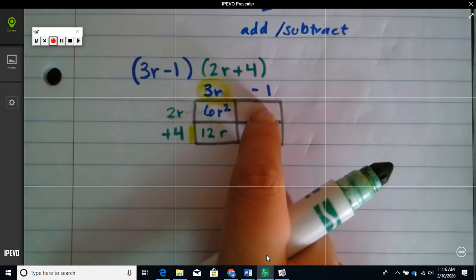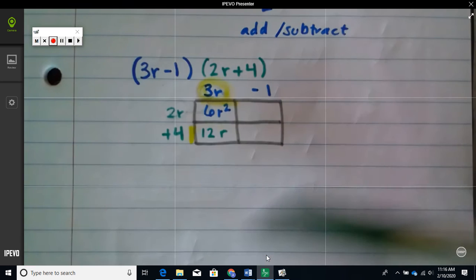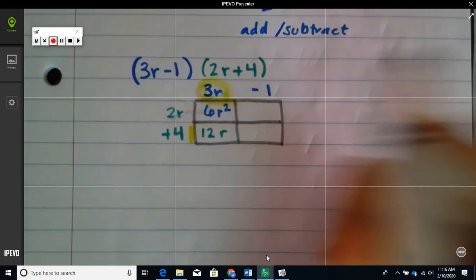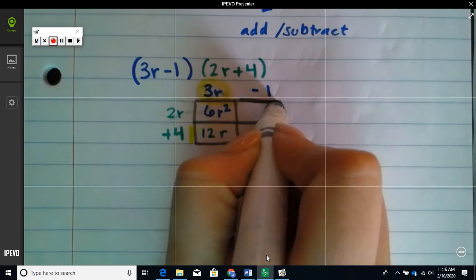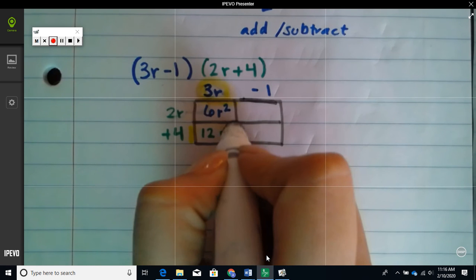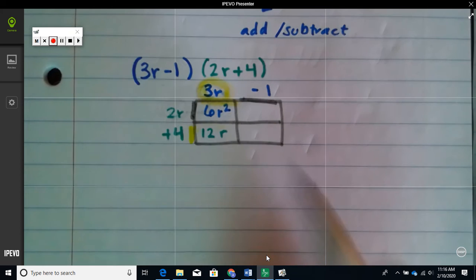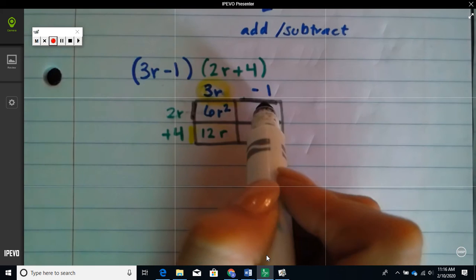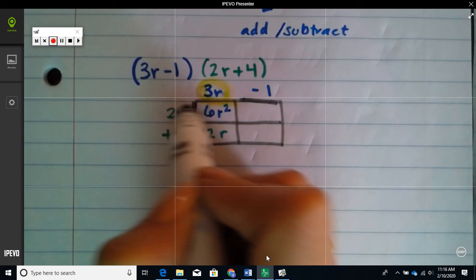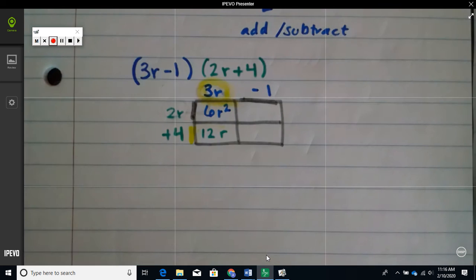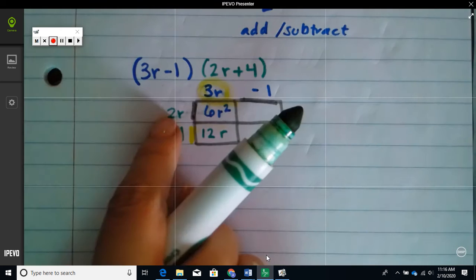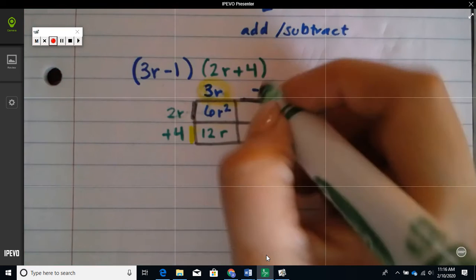Now I'm going to do this box. To form this box, it's this side, which is -1, and this side, which is the positive 2r. Does that make sense? It's formed by this one and that one. So then I do the numbers first. So 2 times a -1 is a -2.